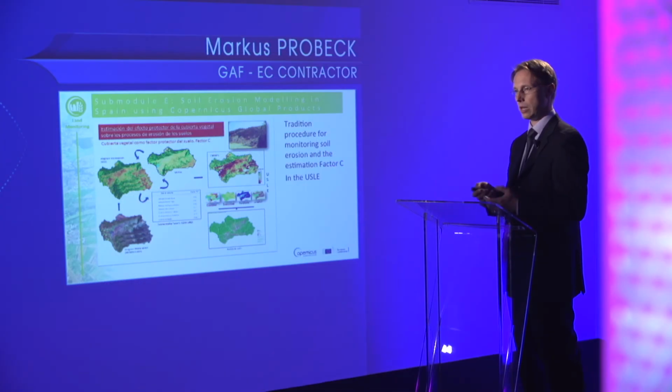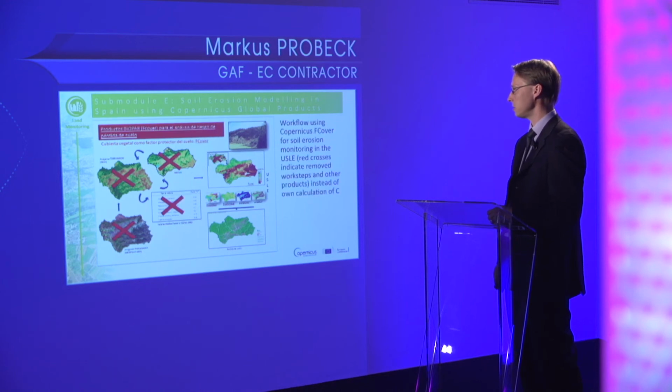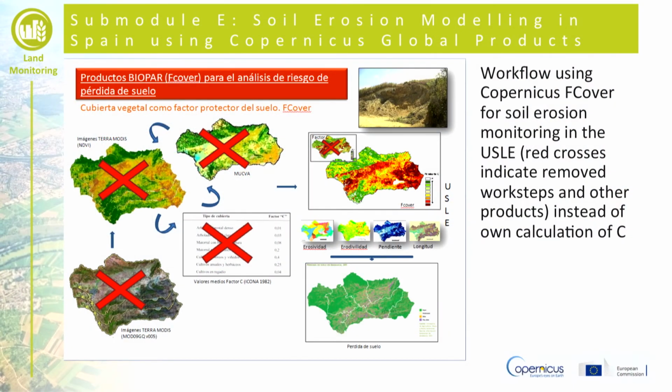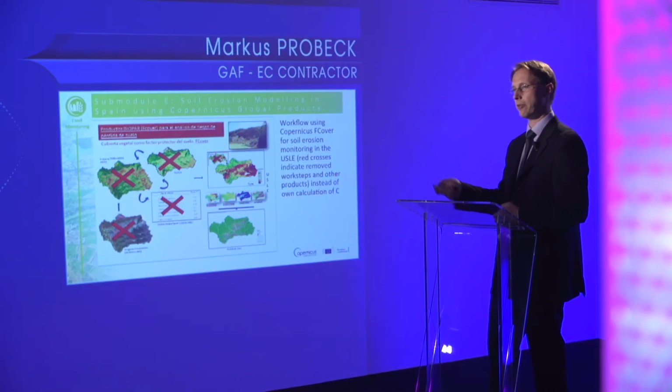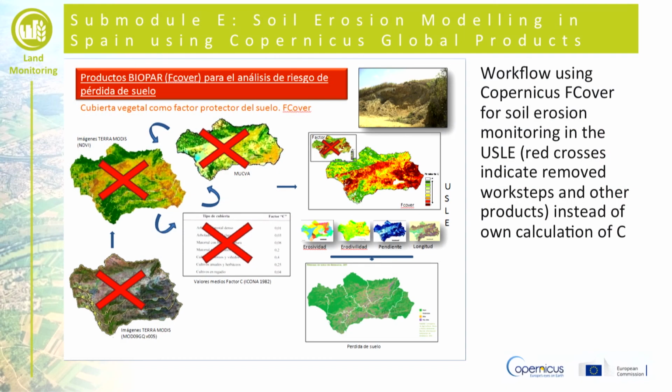Now that relatively complex scenario has been replaced by introducing directly the global components F-cover product, which you see here, introduced exactly on that point where formerly the factor C, which represents basically also a cover percentage of the surface, has been used before.